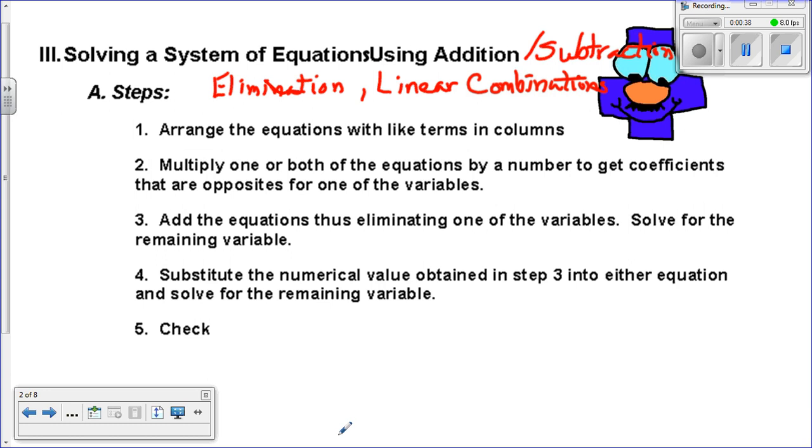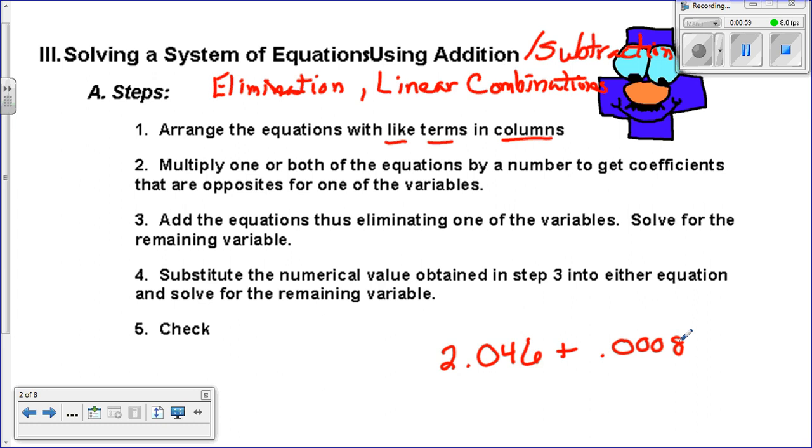The first thing that you need to do is arrange the equations so that you have like terms in columns. Think about if we were to add two numbers like 2.0546 plus, say, 0.0008.